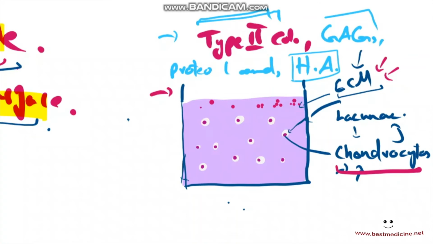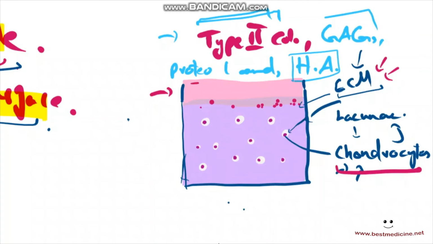As a matter of fact, every cartilage is surrounded by a dense connective tissue layer, and I'm going to draw that here in pink. It is called the perichondrium. It is a dense connective tissue layer, and what it contains is fibroblast-like progenitor cells.